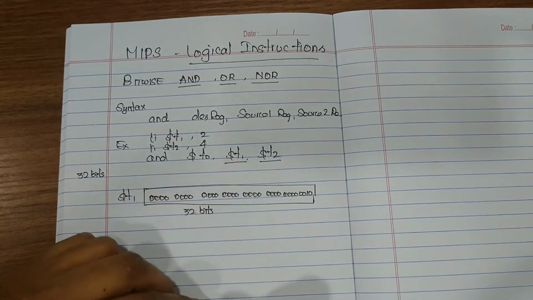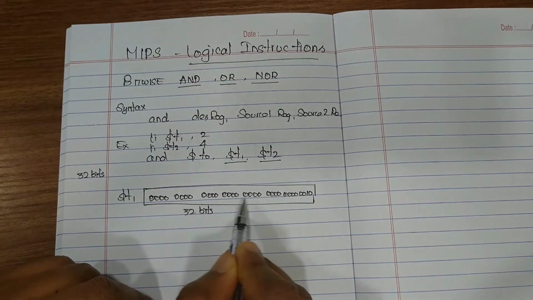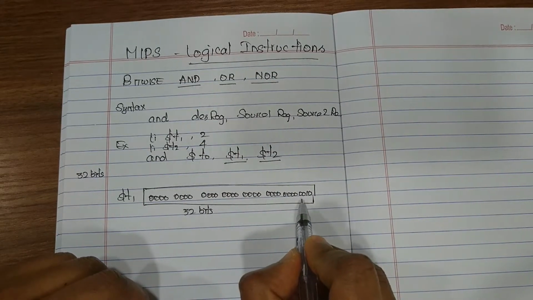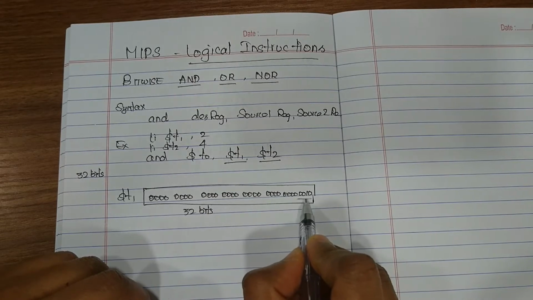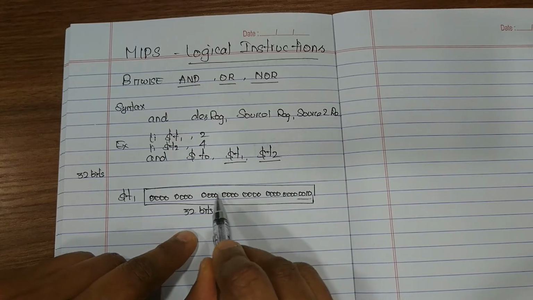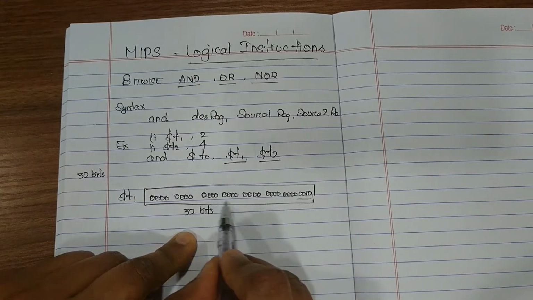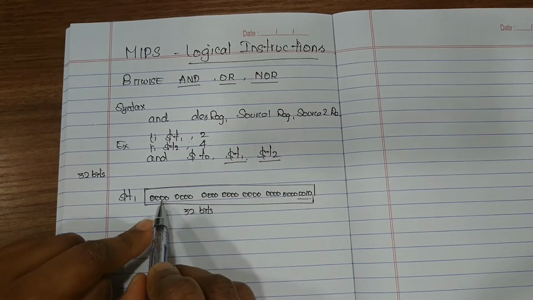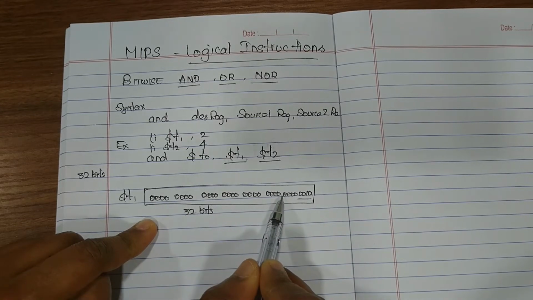Okay, in short, in the next exercises, we won't be writing the 32 bits. I will be writing only the required bits to be faster. As for the first exercise, I will be writing the content of the registers as 32 bits. Okay, so here we have 32 bits of the content.